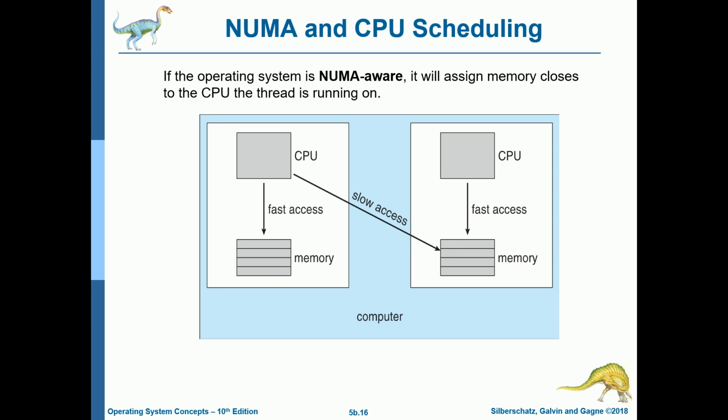If the operating system's CPU scheduler and memory placement algorithms are NUMA aware and work together, then a thread that has been scheduled onto a particular CPU can be allocated memory closest to where that CPU resides, thus providing the thread the fastest possible memory access.